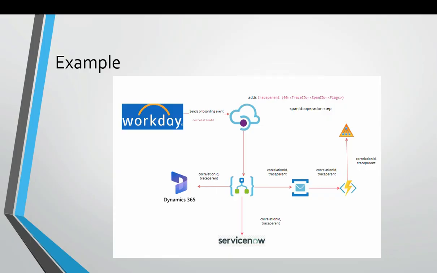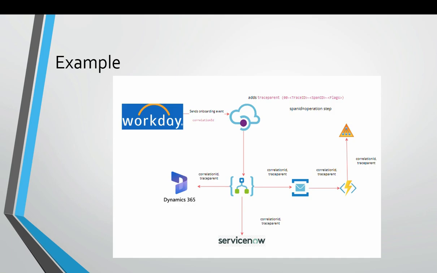The request flows from APIM to Logic App, and this ID is passed to the Logic App, which orchestrates the onboarding steps. It creates a record in Dynamics 365 HR, sends a provisioning message to Service Bus, and also raises a ticket in ServiceNow for the new laptop. The Service Bus message includes the same correlation ID, so it's passing from Logic App to Service Bus.